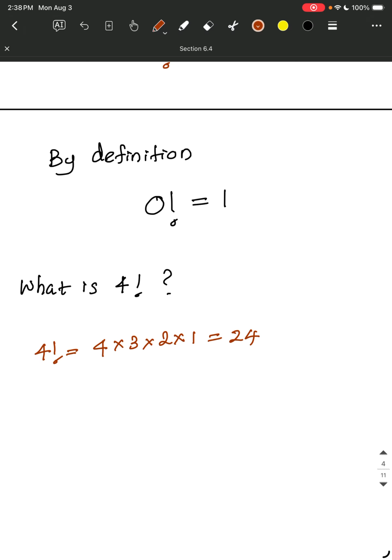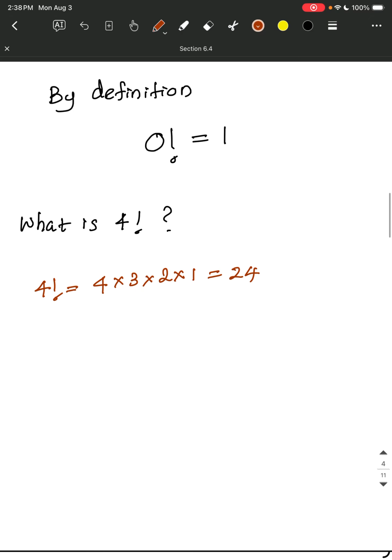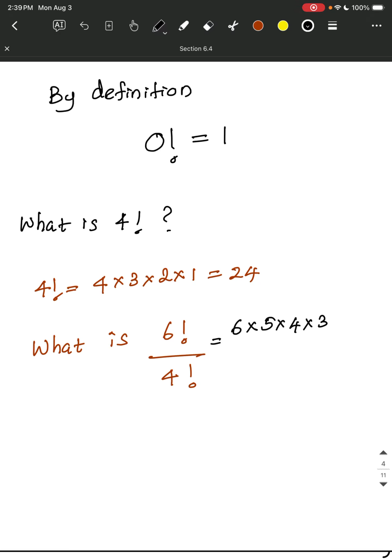Then what about 6 factorial over 4 factorial? We can expand 6 factorial as 6 times 5 times 4 times 3 times 2 times 1, and 4 factorial as 4 times 3 times 2 times 1.